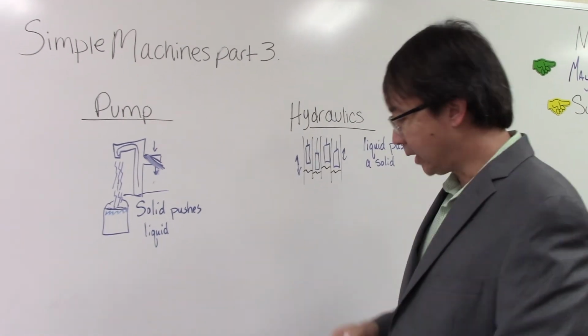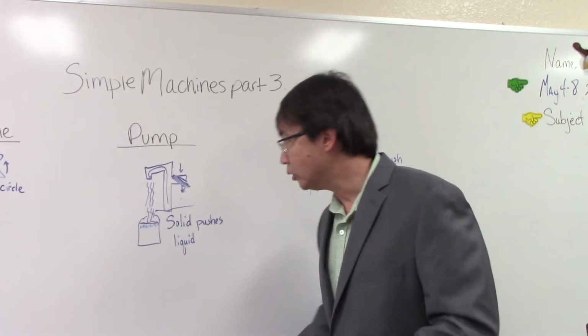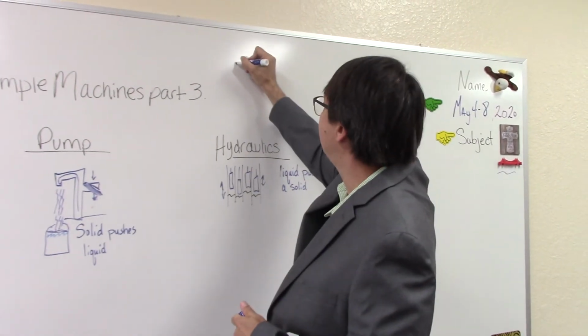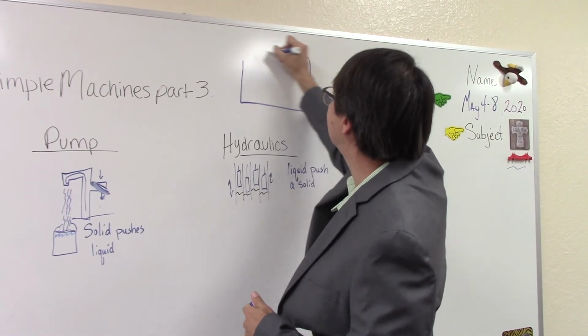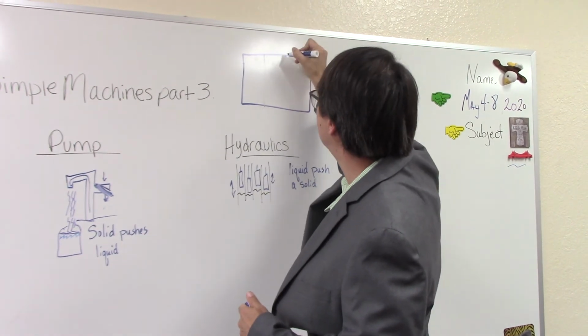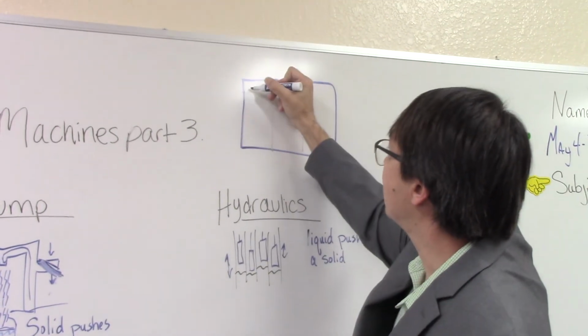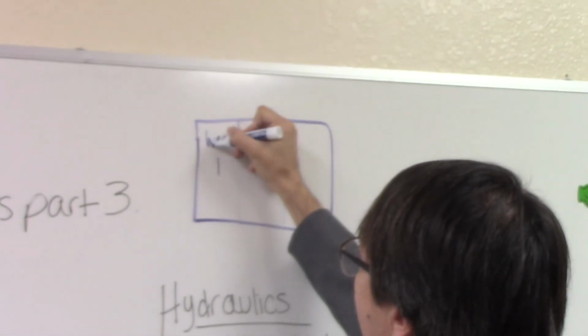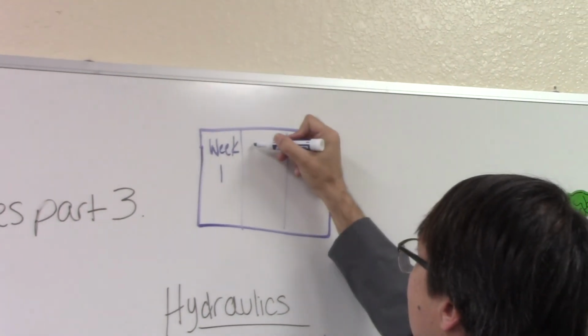So just like with your last poster board, here's your poster board up here. It's been divided into 3 parts. Okay? This was week 1. Okay? This is week 2.